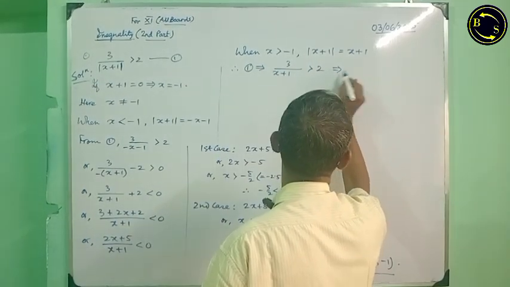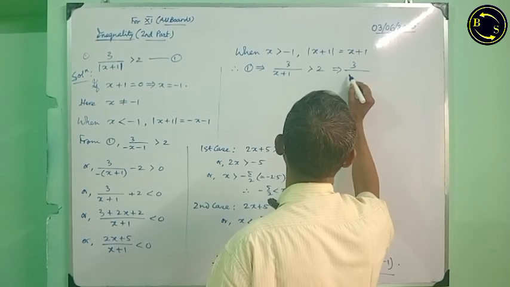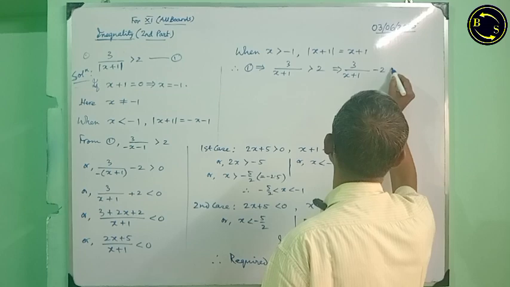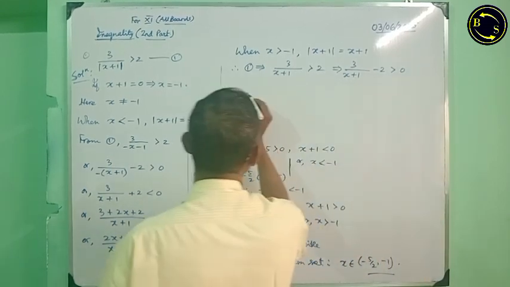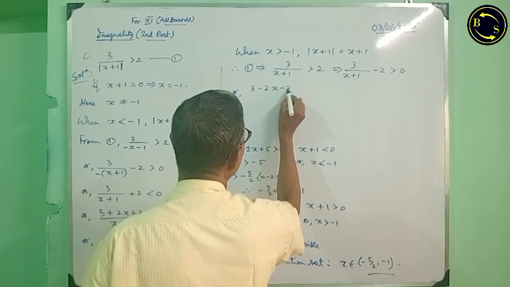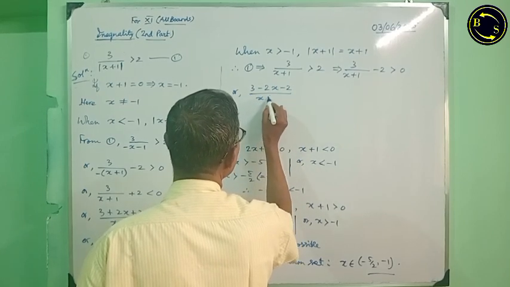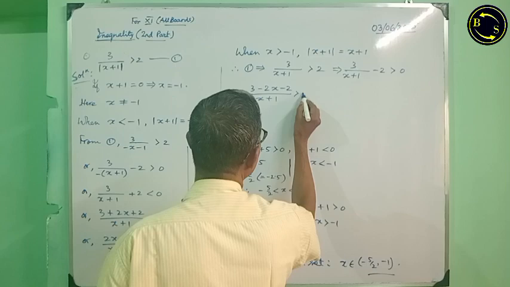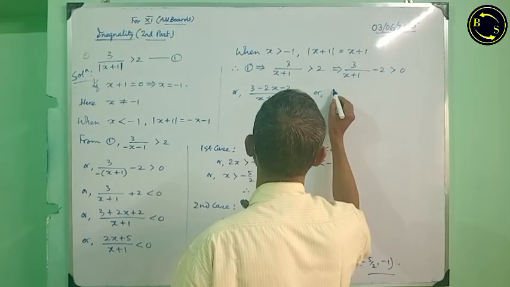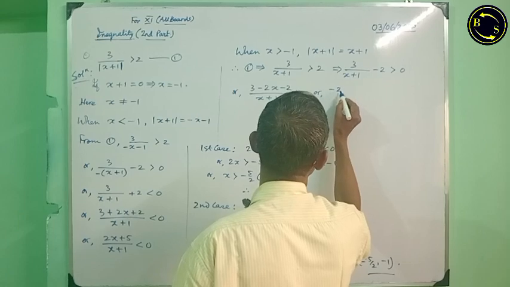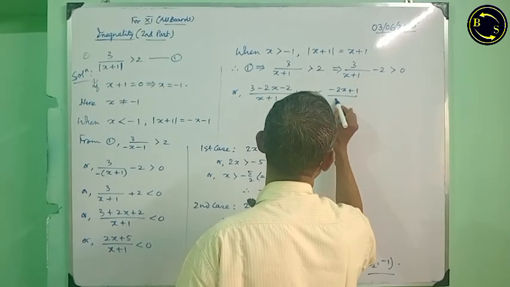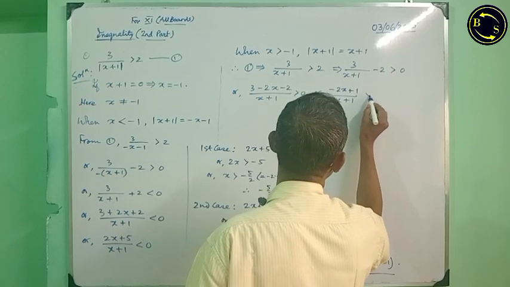I write on the right side 3 by x plus 1 minus 2 greater than 0, or (3 minus 2x minus 2) whole by x plus 1 positive, or minus 2x plus 1 by x plus 1, that is positive.